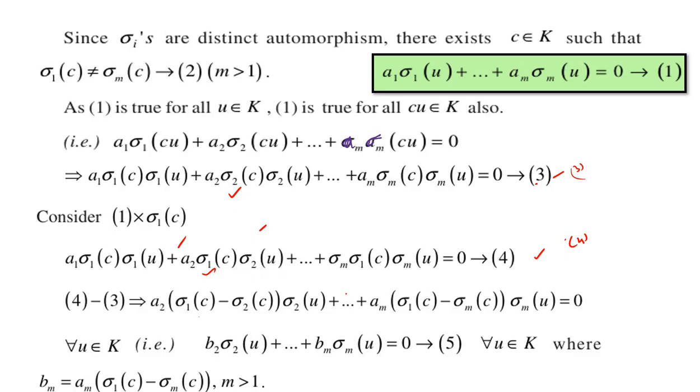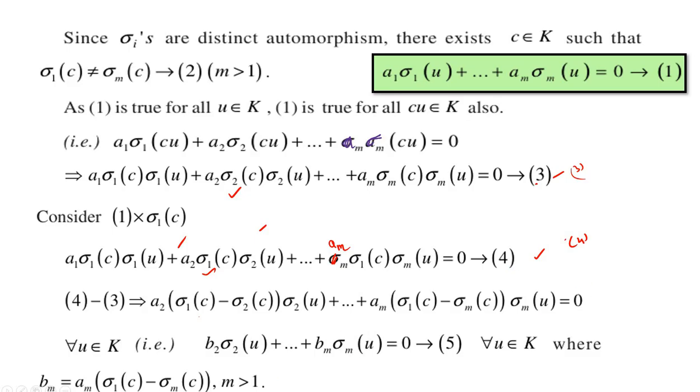So you have this term, and similarly and so on. The last one when we consider, this is am. So you have am times sigma 1 of C minus sigma m of C, whole thing multiplied by sigma m of u equal to 0.